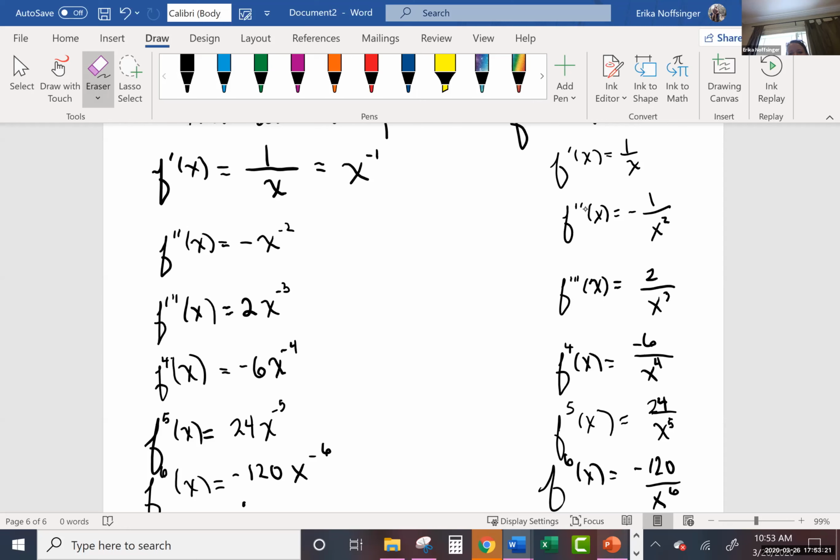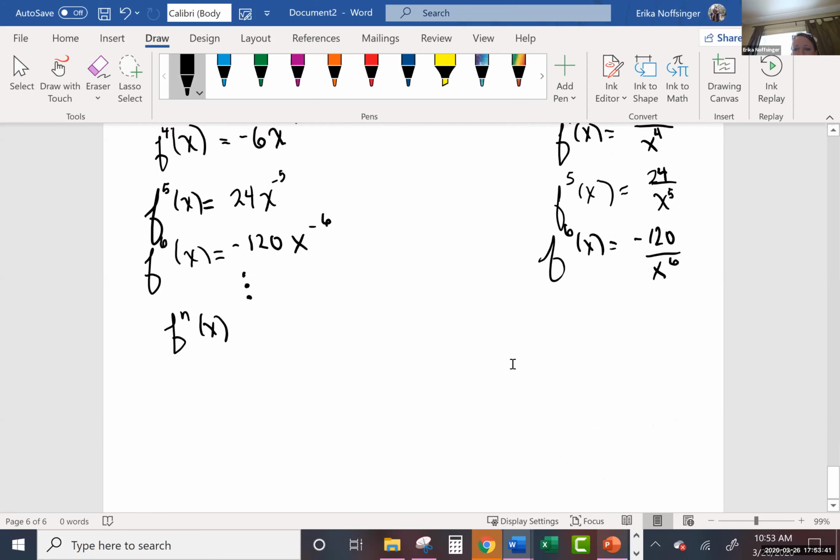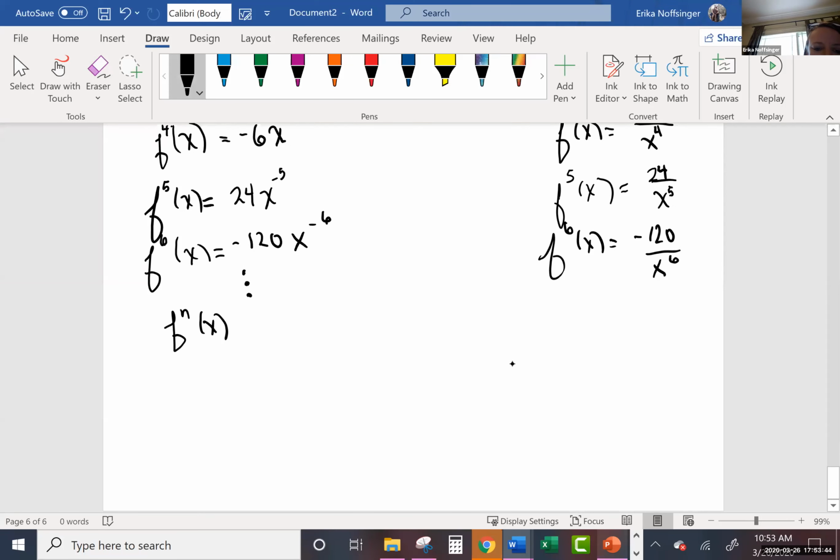The second derivative, my power is 2 in the denominator. Third derivative, I have an x cubed. That doesn't really look like a cube, but it is. Fourth derivative, I have x to the fourth. Fifth derivative, x to the fifth. And so right now it's looking like for the nth derivative, I'm going to have x to the n in the denominator.